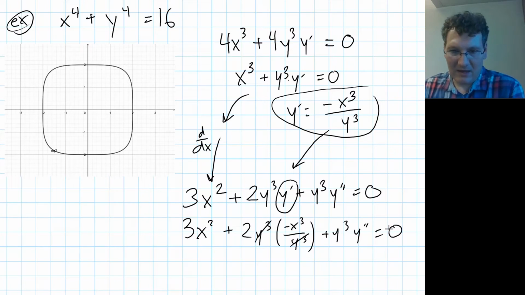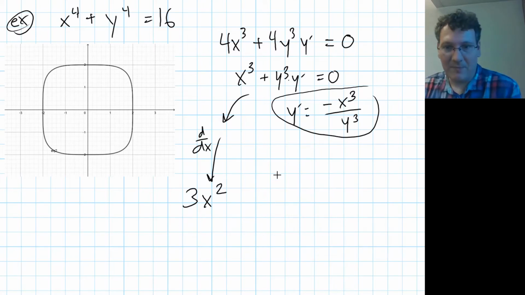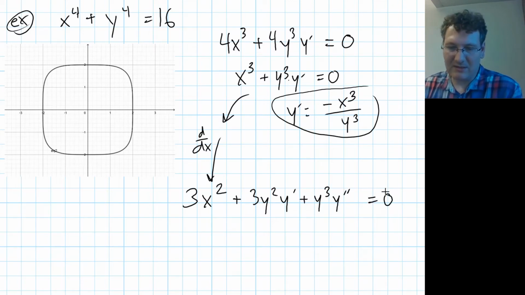And what I've got now is 3x squared minus x to the third. Okay, the derivative of y to the third times y prime, we'll have 3y squared y prime plus y to the third times y double prime, which I don't know what it is.